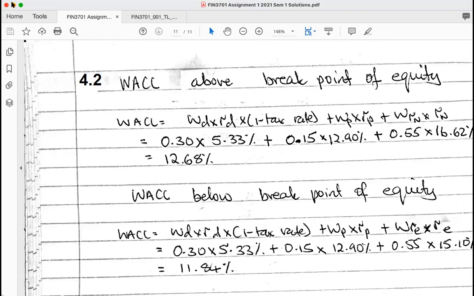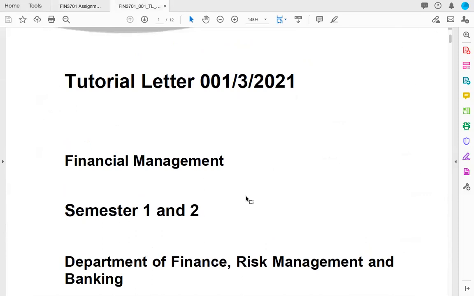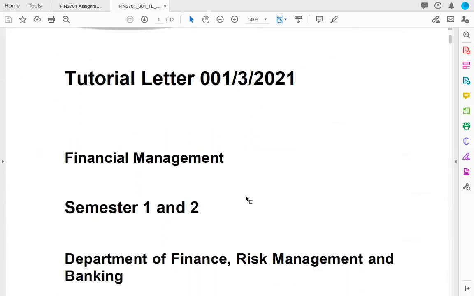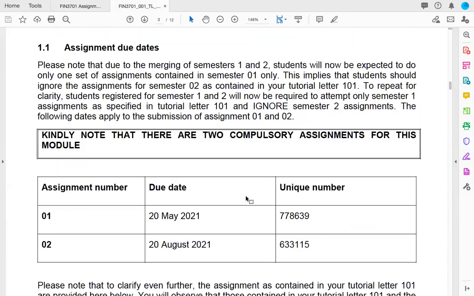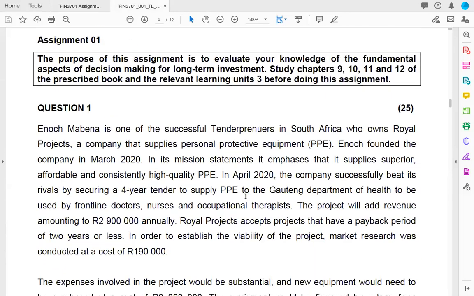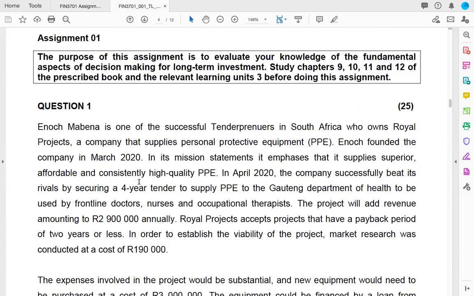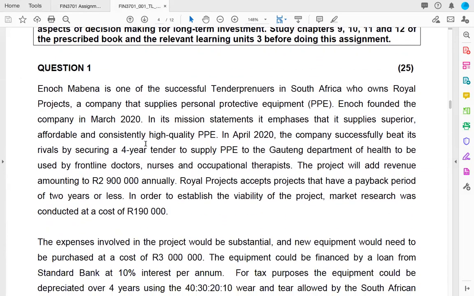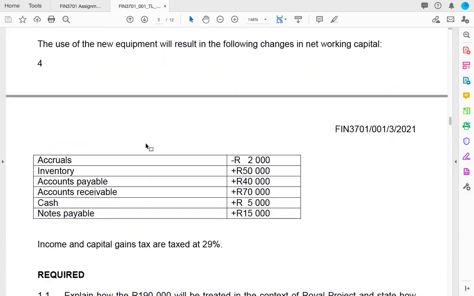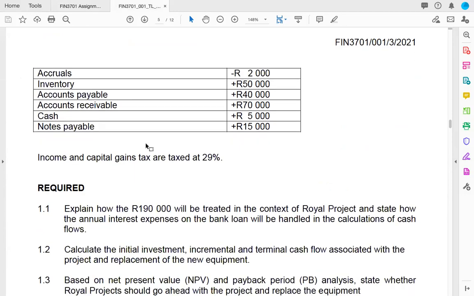In this class, I'm going to be taking you through assignment number 1 for 2021 semester 1 and 2. The assignment looks at a number of study units in the module. It touches on capital budgeting, capital budgeting cash flows, and capital budgeting techniques.